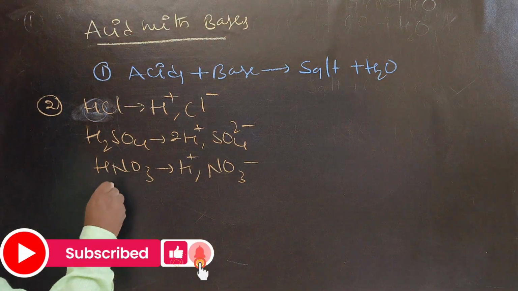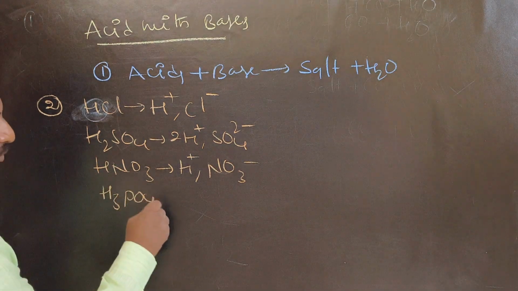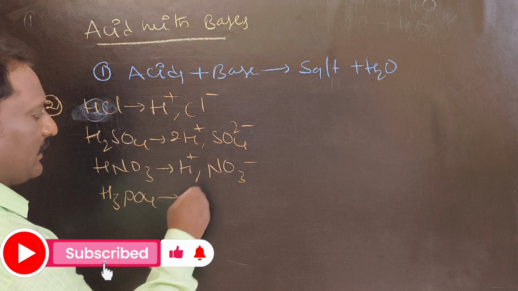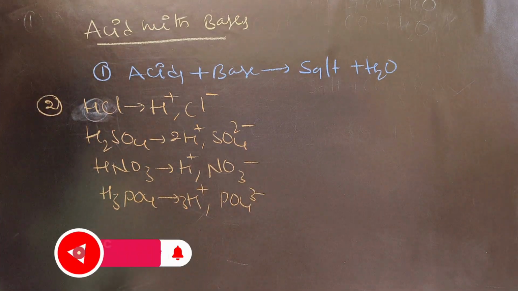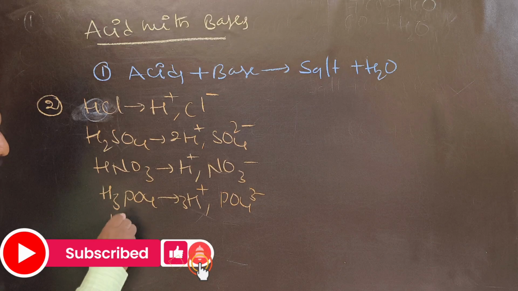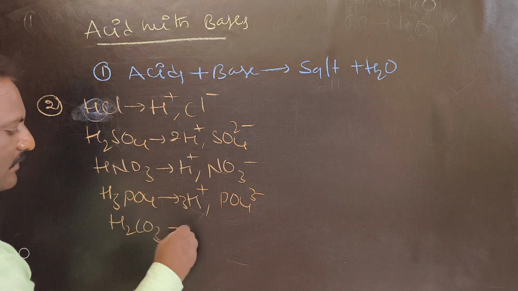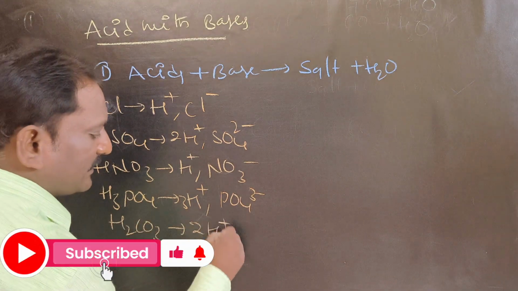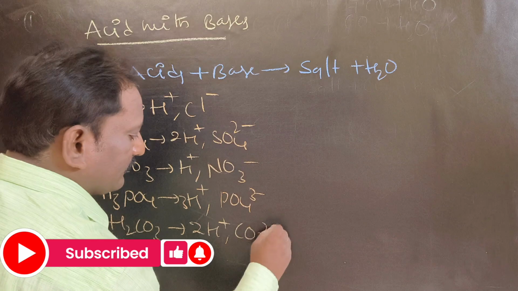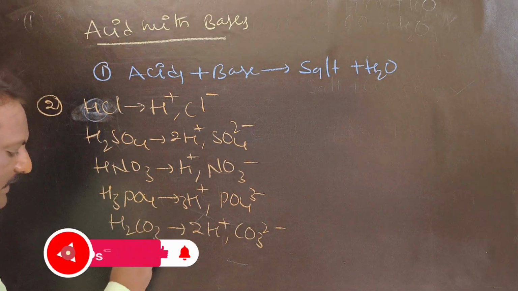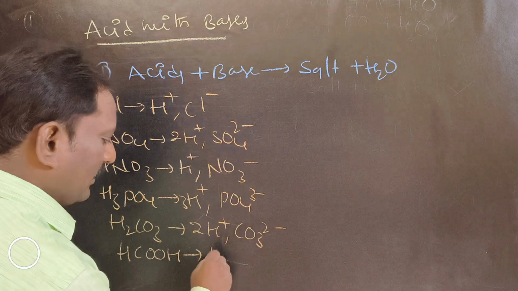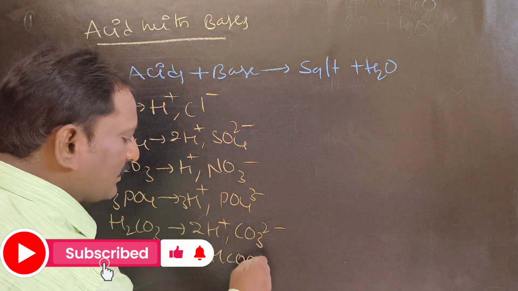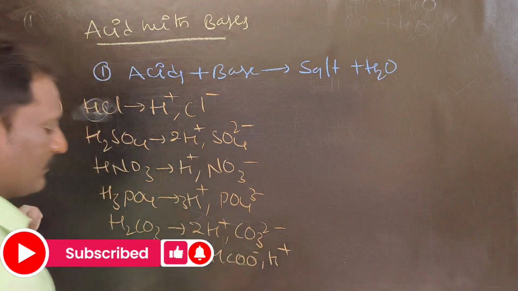Phosphoric acid H3PO4 splits into 3H plus ions and 1 phosphate ion. Carbonic acid H2CO3 splits into 2H plus ions and 1 carbonate ion. Formic acid HCOOH produces HCOO minus and H plus ion.